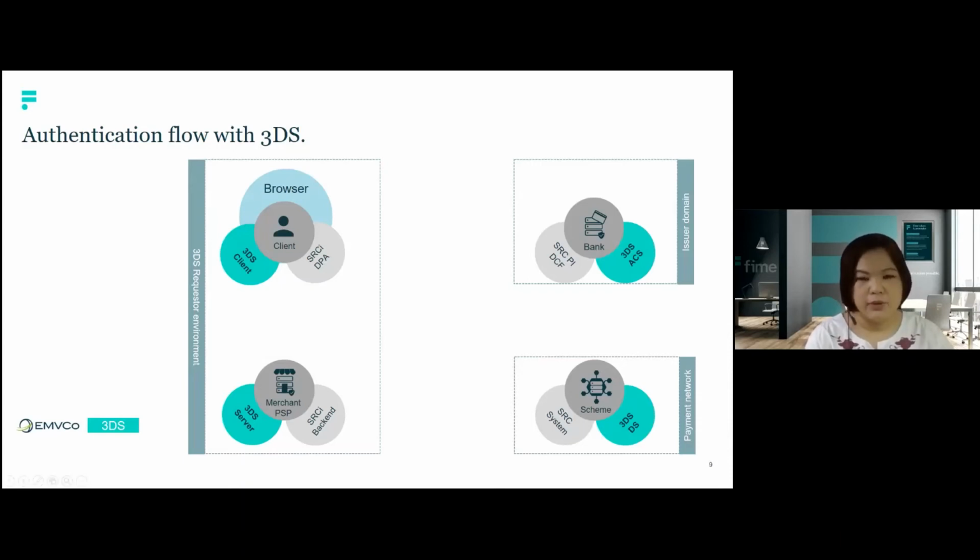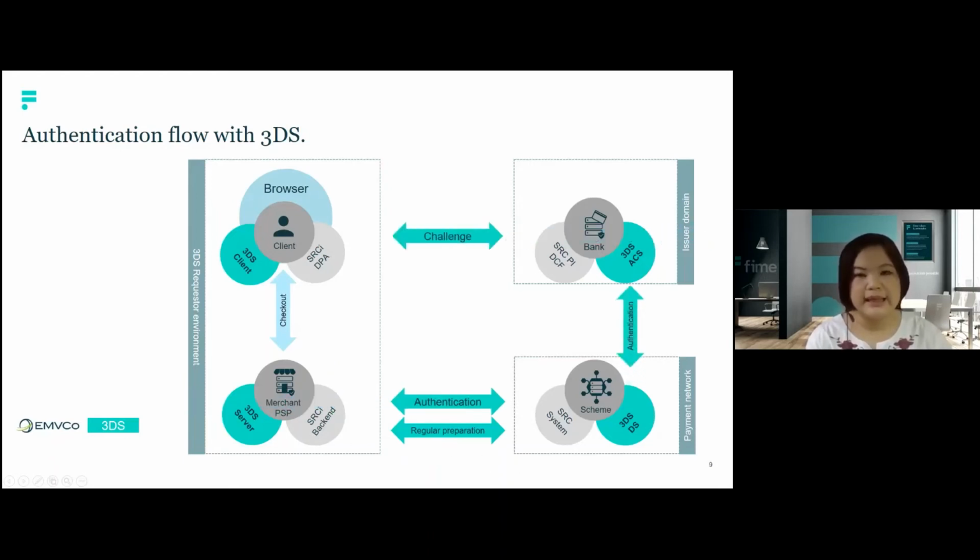So in the message flow, there will be a regular preparation message between the 3DS server and the DS to collect the latest card ranges, for example on a daily or hourly basis, so that when a client places a checkout order, the authentication message happens. It will pass through the 3DS server to the DS and the ACS, and the issuing bank will assess the risk level of this transaction and decide if it can complete the transaction or if a challenge, a step-up, is required to ask for extra information from the client.